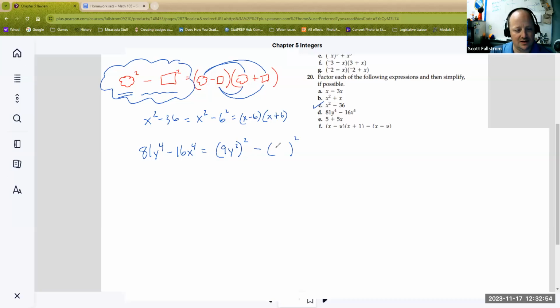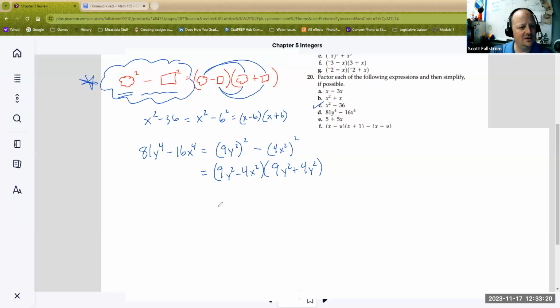Over here I do the same thing and get 4x squared. Again, think of these as a cloud and a box. So I have 9y squared minus 4x squared in parentheses times 9y squared plus 4x squared. That is exactly what we saw up on top.